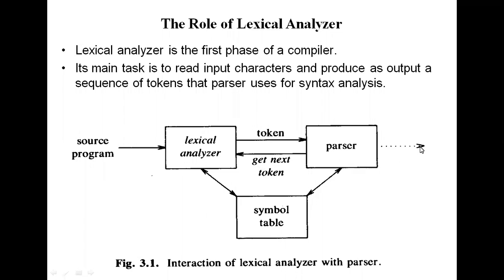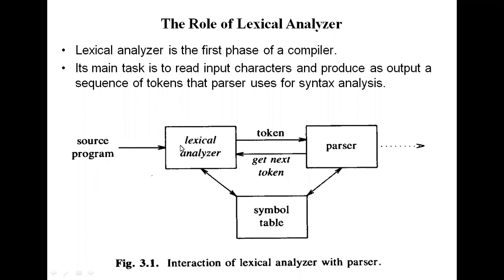We need not bother about what the parser is, because here we are only learning about the functioning of the lexical analyzer, not the parser. And see here the symbol table, which is one of the subphases of the compiler. It is connected to both the lexical analyzer and the parser, acting as a data structure maintaining the records of both phases.